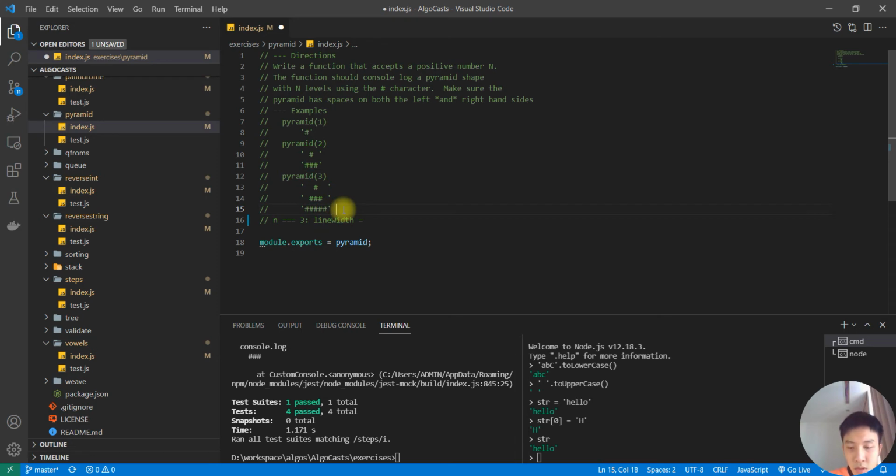So how about 2 times 2, plus 1, and the 2 here is actually n minus 1, times 2, plus 1. So the line width is like this.